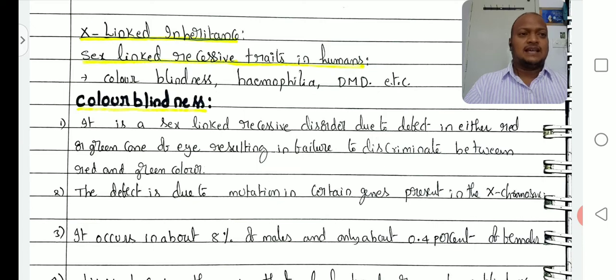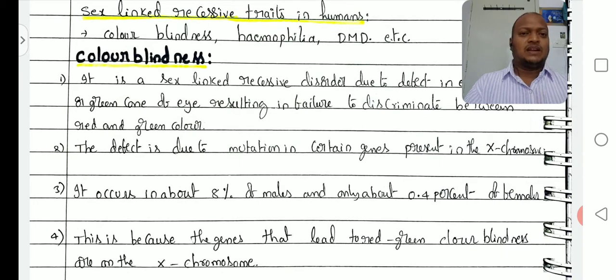In our eyes, rods and cones are present. The red and green cones are defective. So the people are unable to identify red and green color because of a defect in the cones.